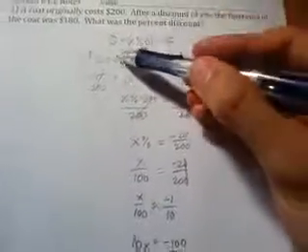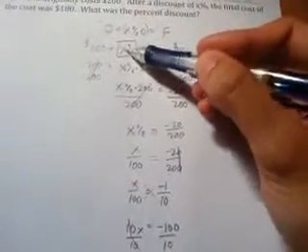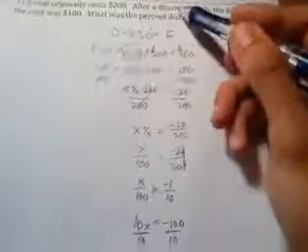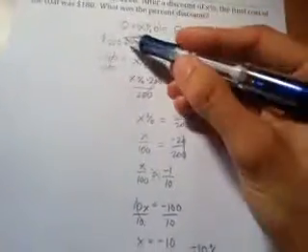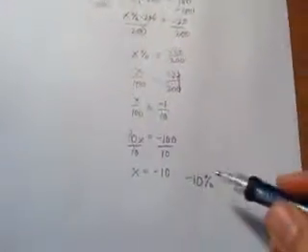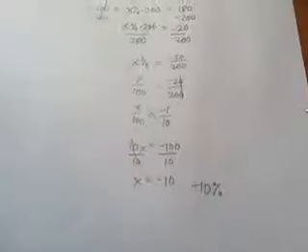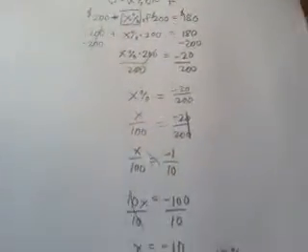So the idea here is that it's okay if it's X%, if I don't know what it is, then it's okay to put plus. But if you do know that it's a discount, and if I put a minus here, my answer would have been a positive 10%. So just keep that in mind.